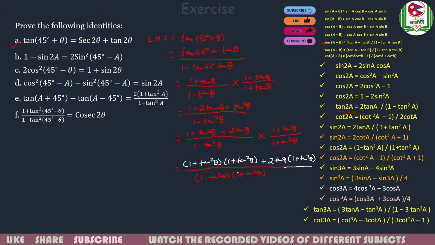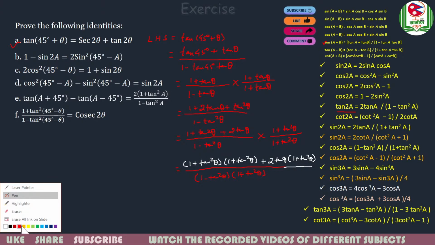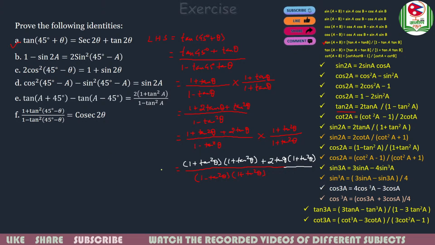Now we can separate this in the form of a by b. Suppose we have a fraction (a + c) by b. We can easily write it as a by b plus c by b.